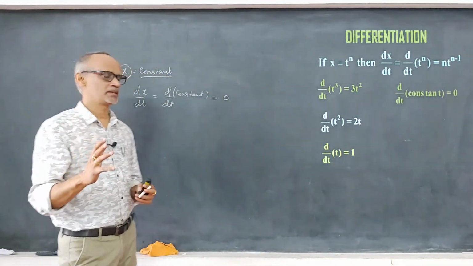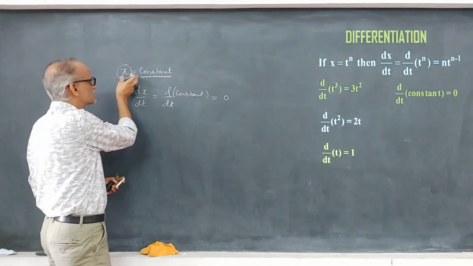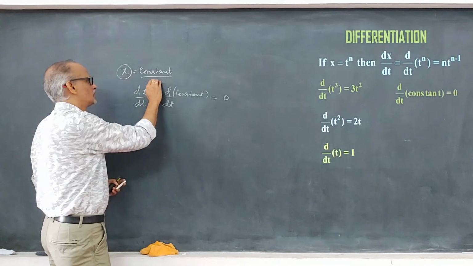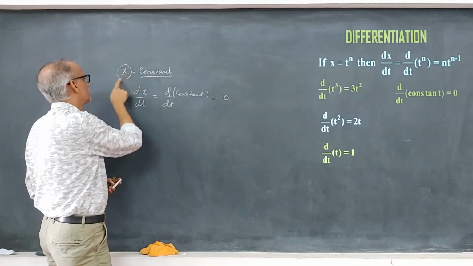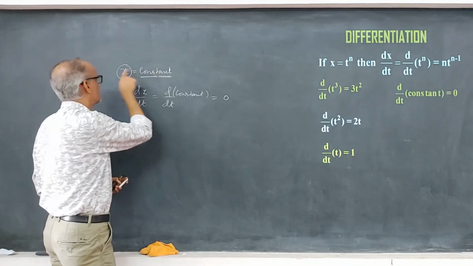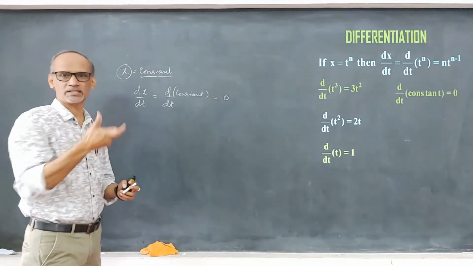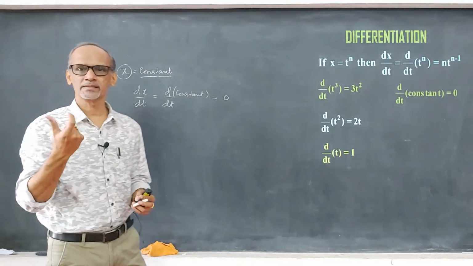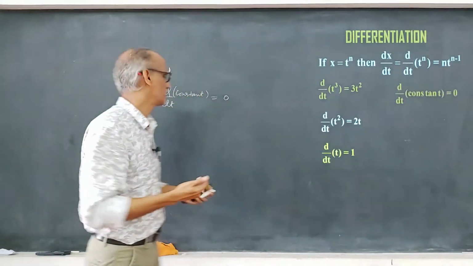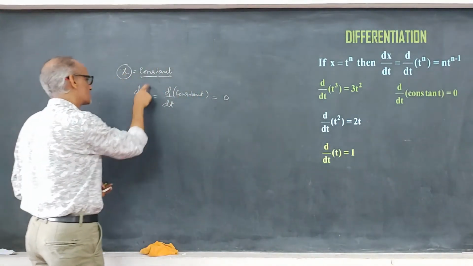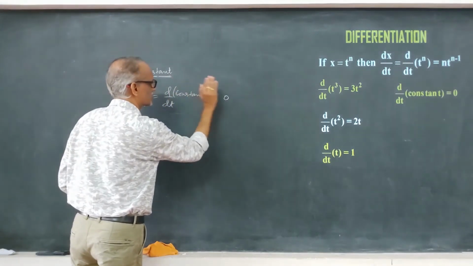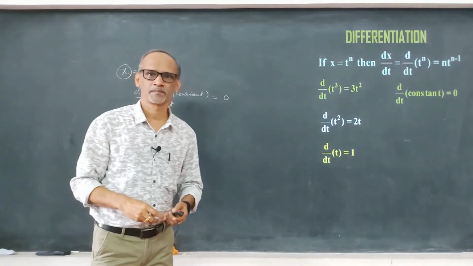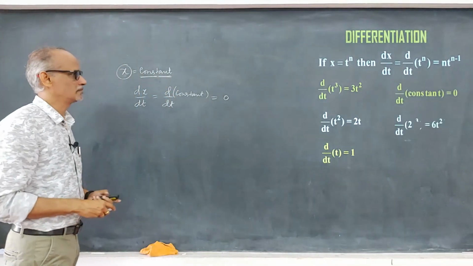Hope you understood that point, students. What do you mean by dx? dx is nothing but change in the value of x. And the value of x doesn't change. So dx is 0. So therefore differentiation of a constant is always 0. So another important formula. Are you clear? Okay, let's see one more.